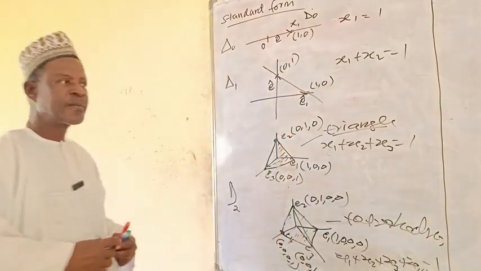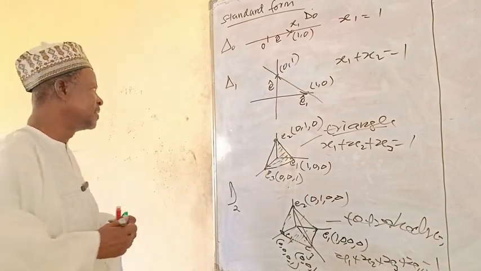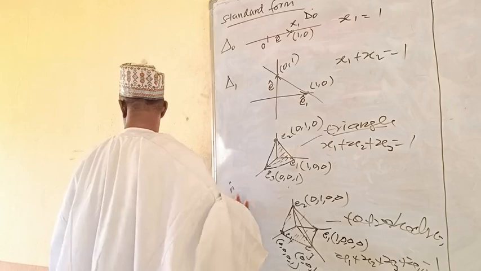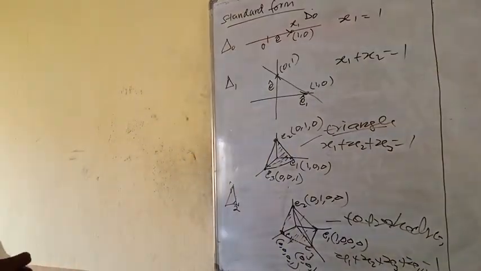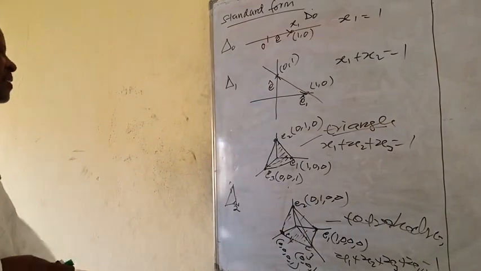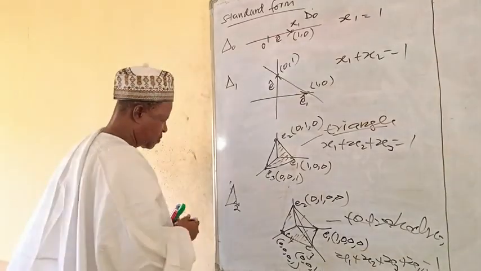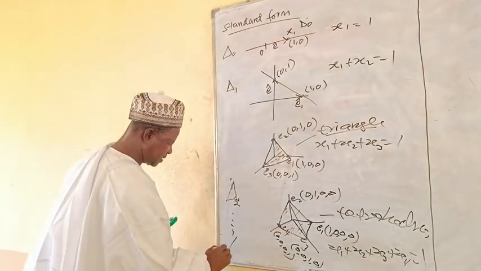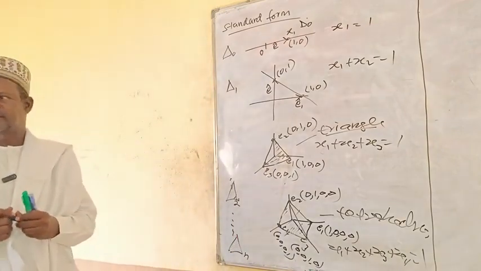This is called the standard representation for these simplices. And this goes on and on, up to delta n, the n-simplex.